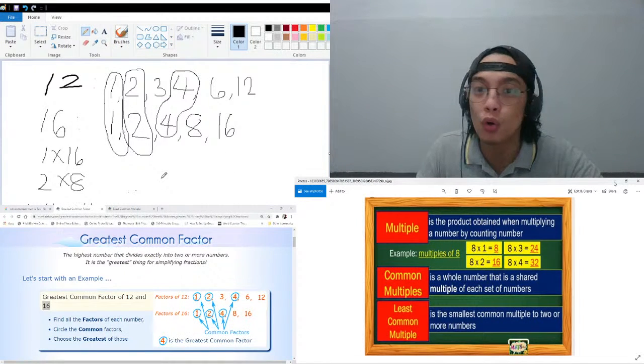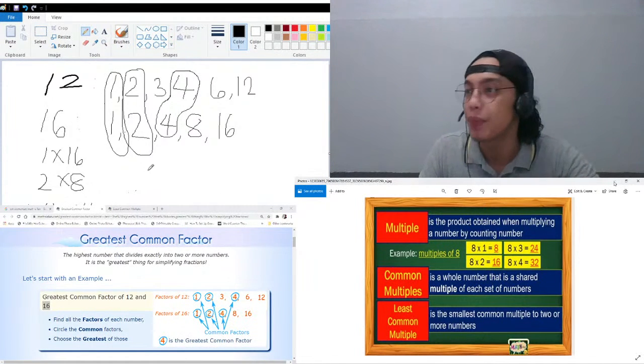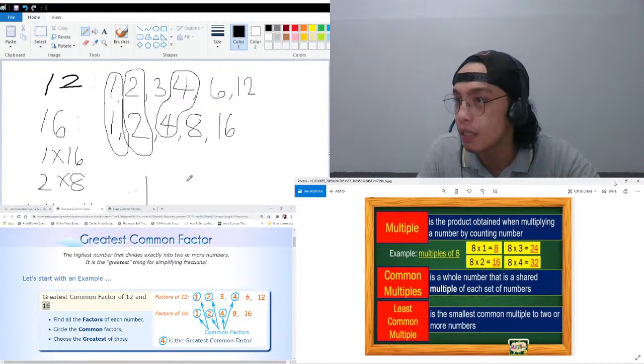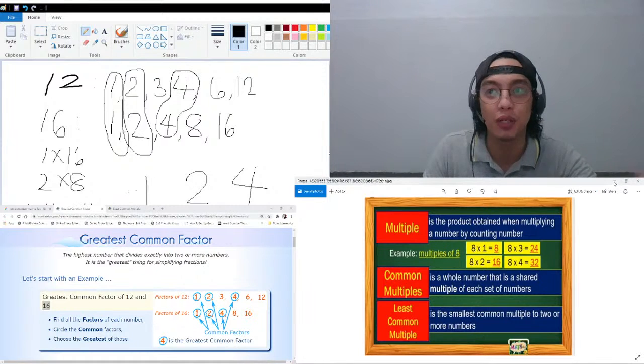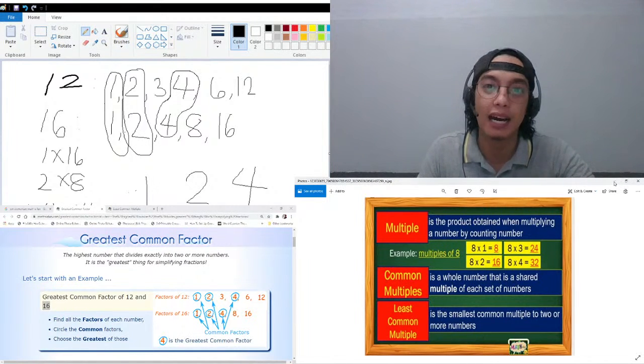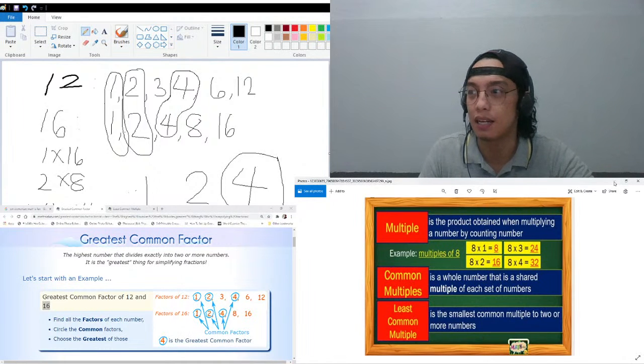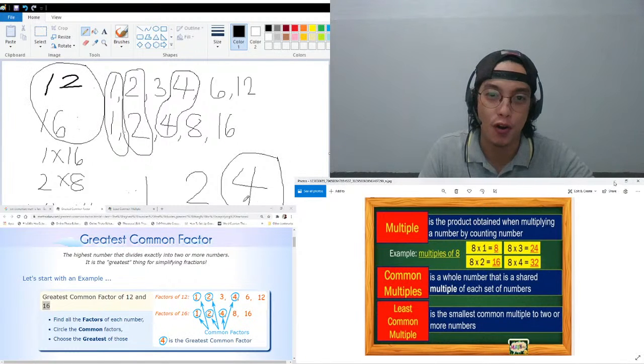So naatay tulo ka factors na common. Ang common gani is pariha. No, unsa man na sila? 1, 2, og 4. Alright, 1, 2, og 4. So asa man diri ang kinadakan? 1, 2, or 4? 4. So, ang greatest common factor sa 16 and 12, ano silang duwa, is 4.